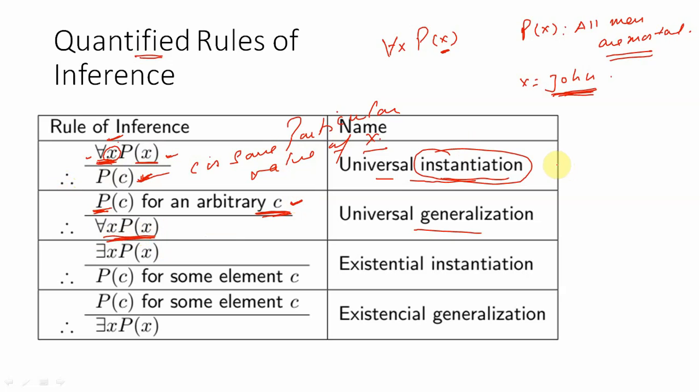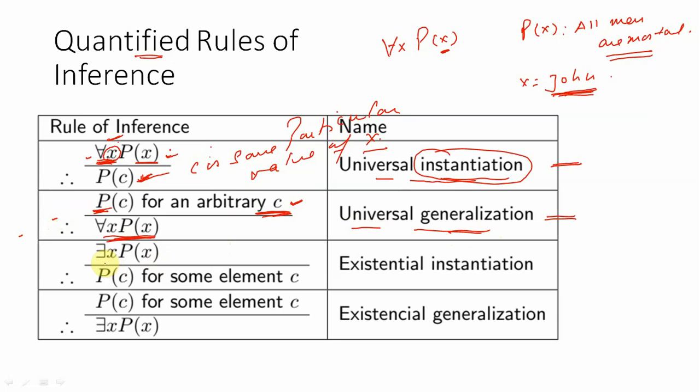Here I was specifying. Here I am generalizing. Here I was converting a generic statement to a specific statement, and here I'm converting a specific statement to a generic statement. That's what's called universal generalization.